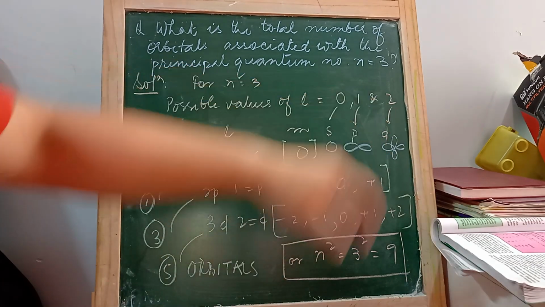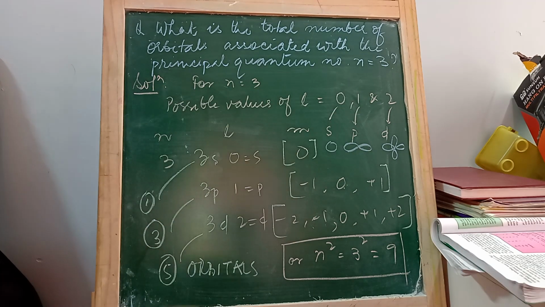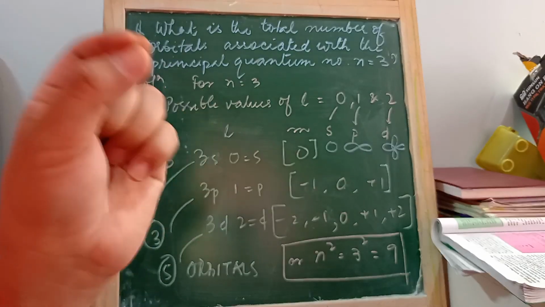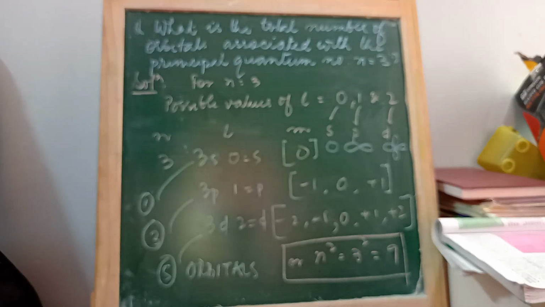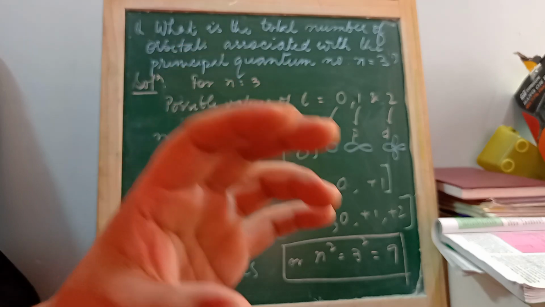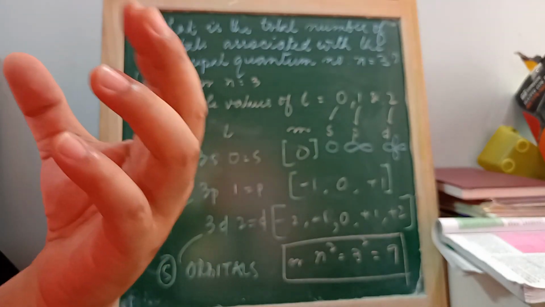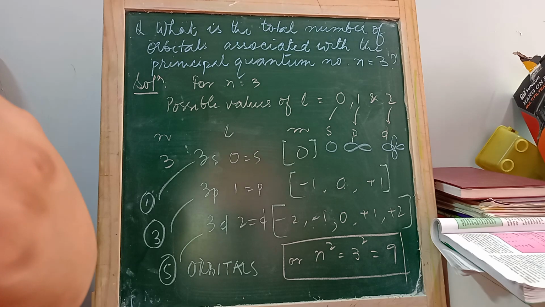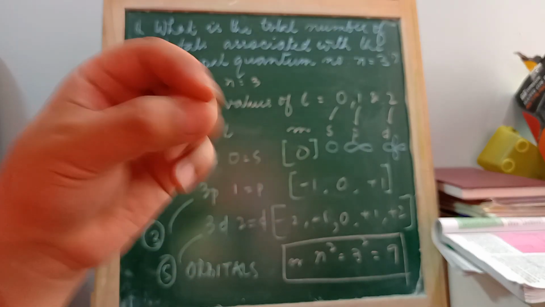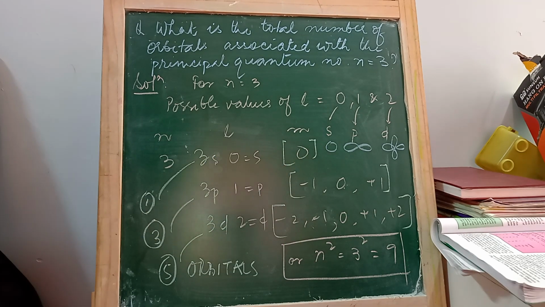Not only does L signify the number of subshells, the value of L also signifies the shape of the orbitals. What is an orbital? It's a space around the nucleus where there is a very good chance of finding an electron. The possibility of finding an electron is high in orbitals.